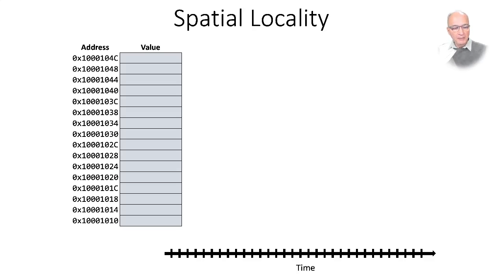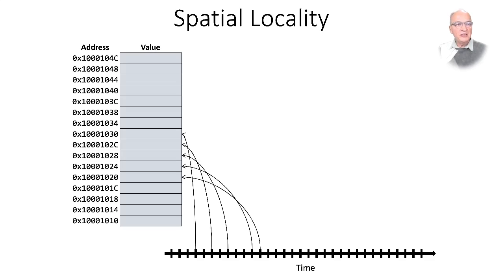Spatial locality is different. Spatial locality says that if I access a given location in memory now, it's likely that in the near future I'm going to access other locations in memory that are close to the one that I just accessed.